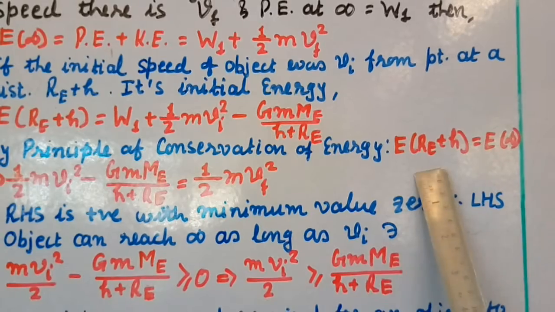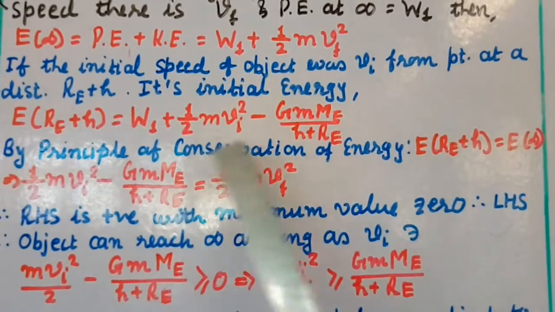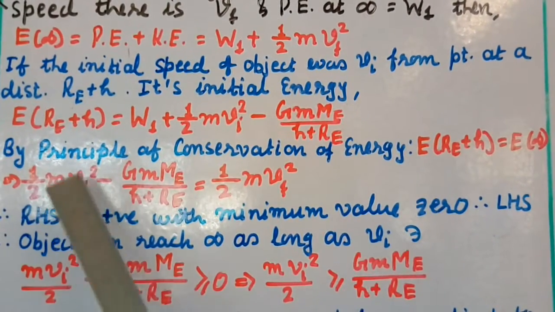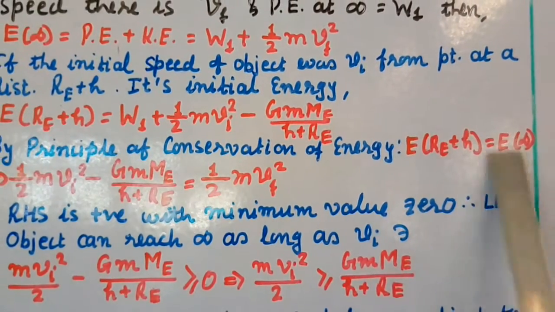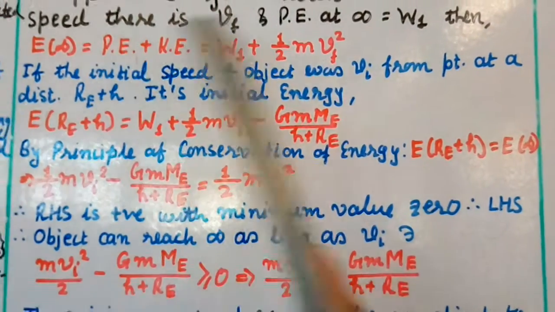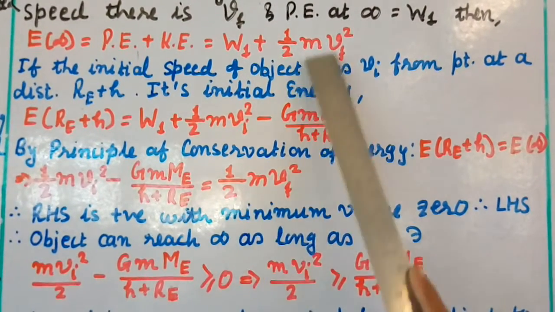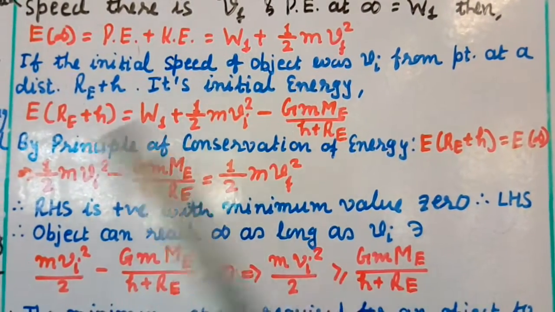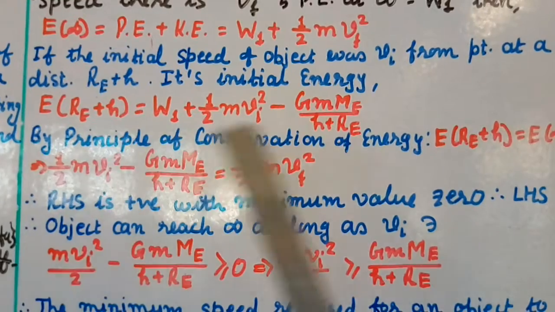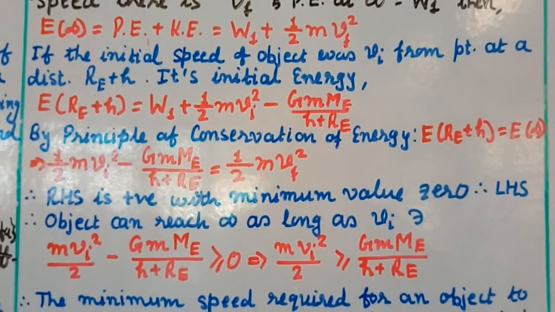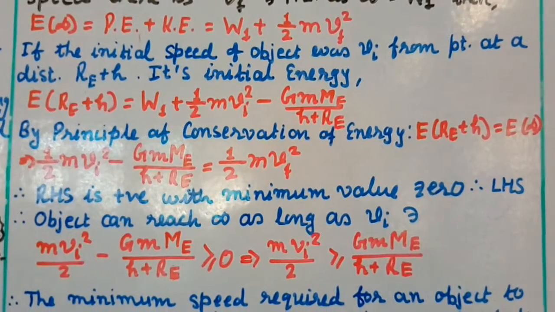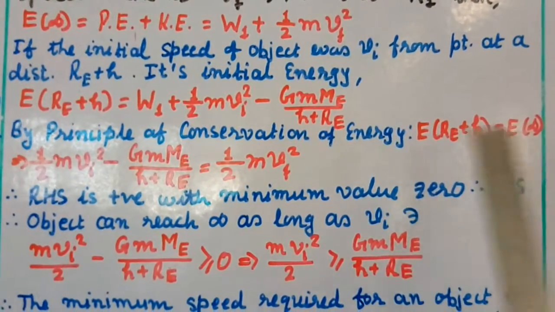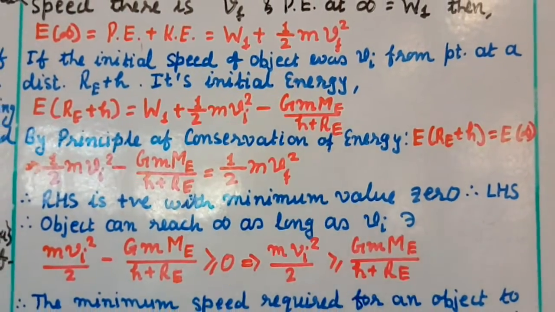E at Re plus h is this value, so I put here 1 by 2 m Vi squared minus G m Me divided by h plus Re equal to E infinite, that is 1 by 2 m Vf squared. The W1 and W1 will cancel out, because one W1 is here and one W1 is there, they are equal. When you transfer one over, it becomes negative and they cancel. So I am not writing W1, I am writing these terms.